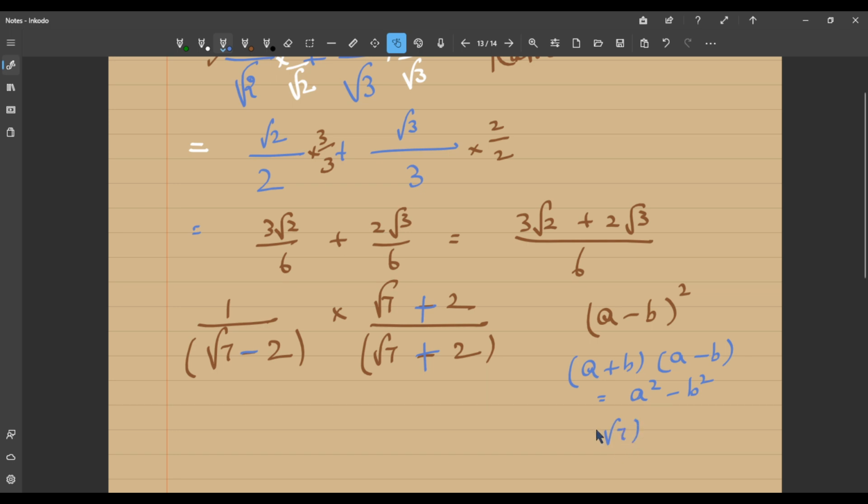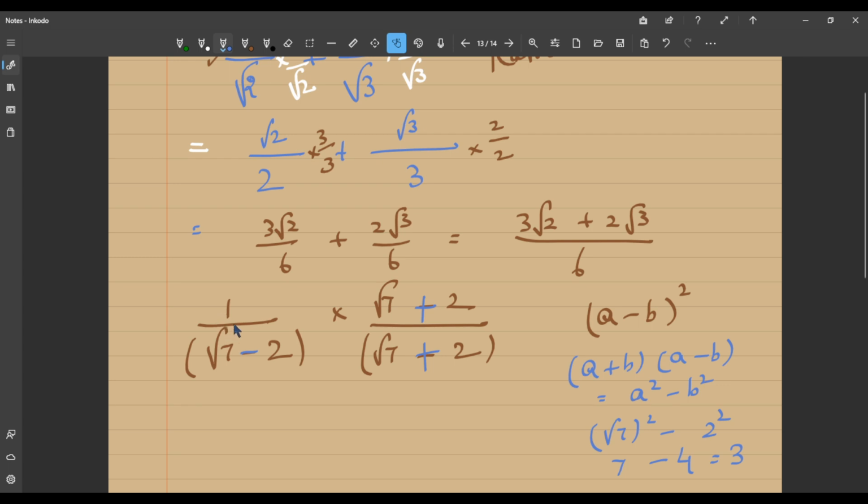So root 7 the whole squared minus 2 squared. In this case, we have eliminated the irrational number which is in the denominator. So we will be getting a rational number which is root 7 the whole squared is 7 minus 2 squared is 4. So you get 3. 7 minus 4 is 3.